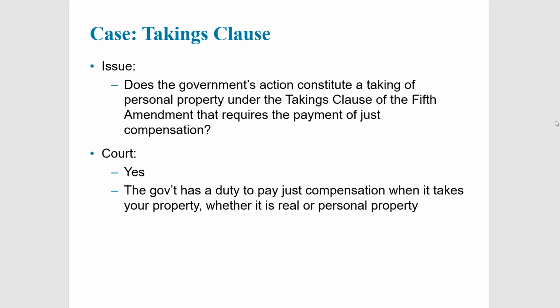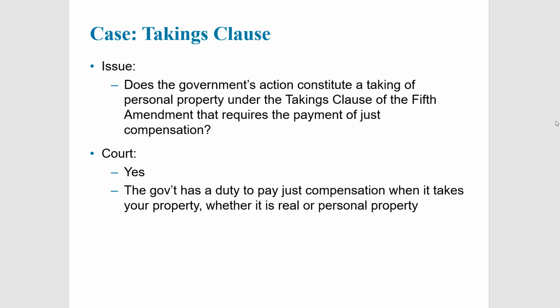The issue here was, does the government's action constitute a taking of personal property under the Takings Clause of the Fifth Amendment that requires the payment of just compensation? The court said yes. The government has a duty to pay just compensation when it takes your property, whether it is real or personal property.